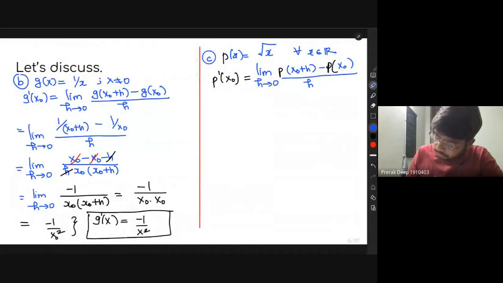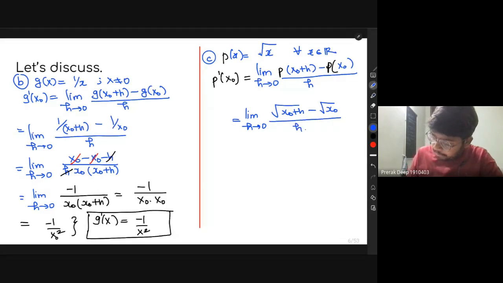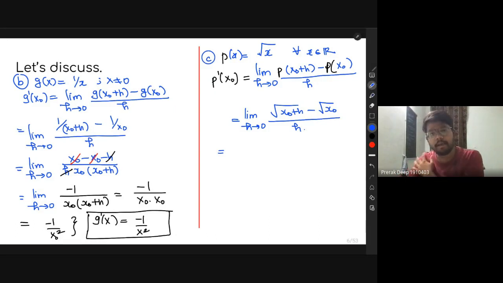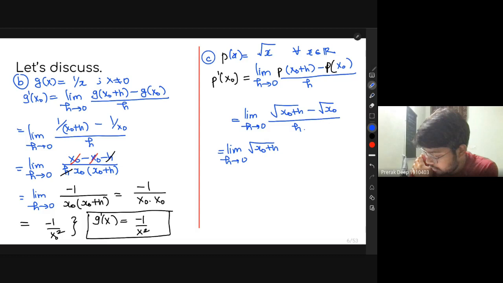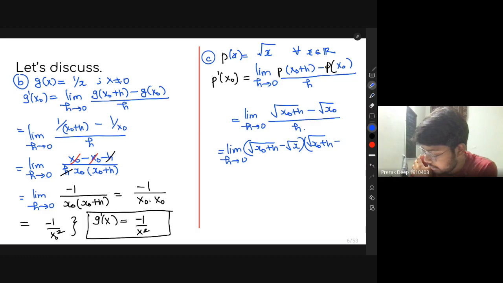Yeah, and now this first part is square root of x naught plus h minus square root of x naught, divided by h. Now, in order to make life easier, we can multiply by this factor, square root of x naught plus h plus square root of x naught, over the same.